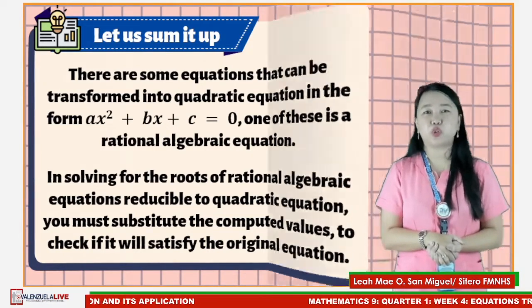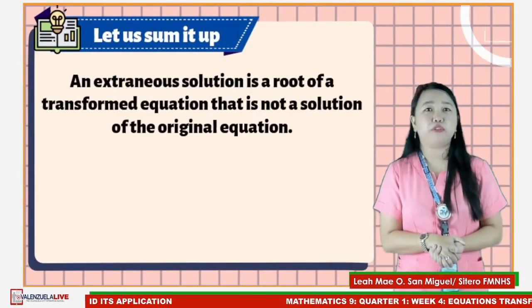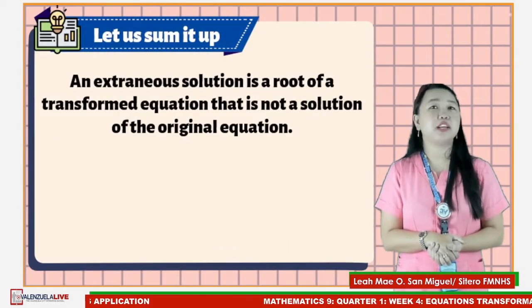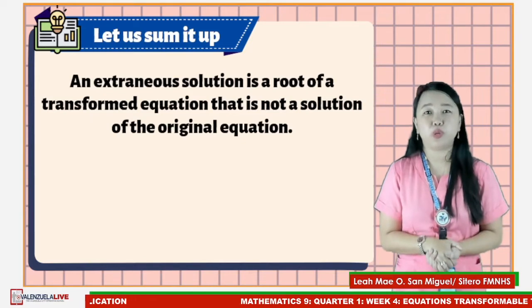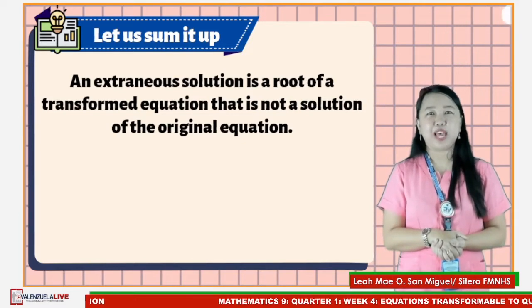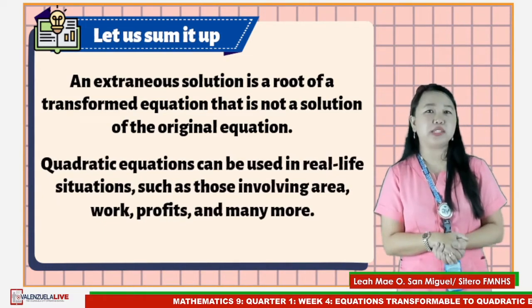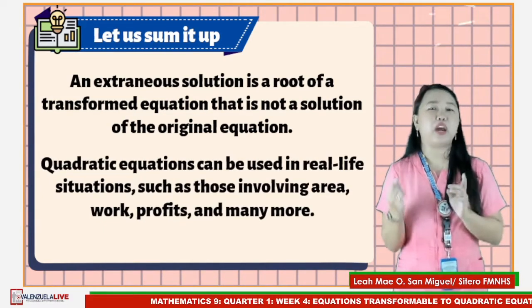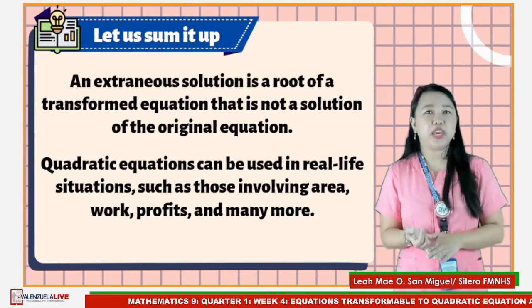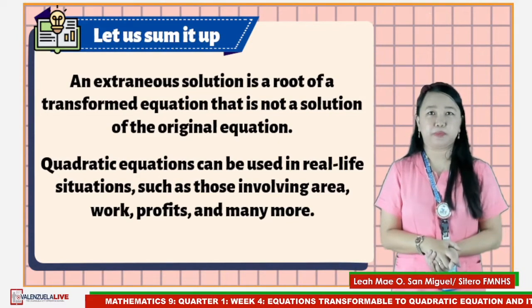An extraneous solution is a root of a transformed equation that is not a solution of the original equation. Quadratic equations can be used in real-life situations, such as those involving area, work profits, and many more.